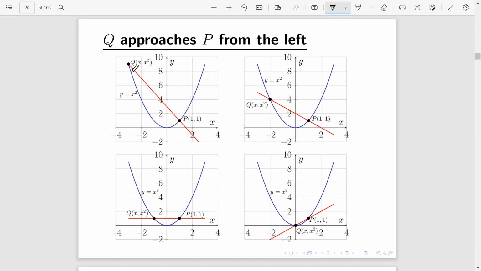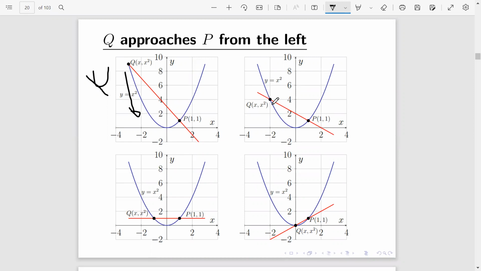And again, this point Q is somewhere along the curve, so it could be on the left of the point (1, 1). So here is the point Q. As you can see, this is a secant, and we want it to be a tangent. Remember we said a tangent has to touch the graph only once. So we need to move this point Q along the function so that it becomes closer to the point P and looks like a tangent.